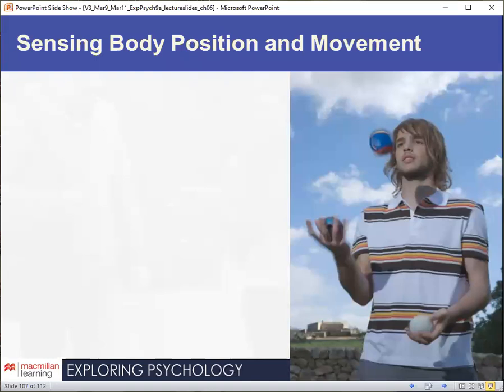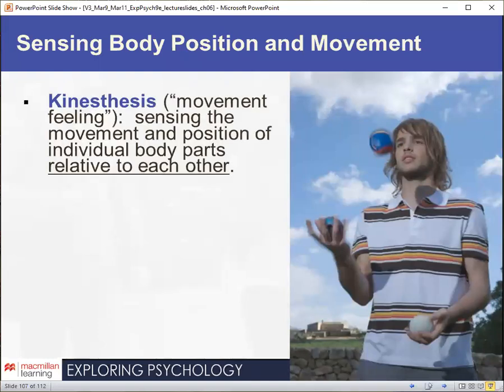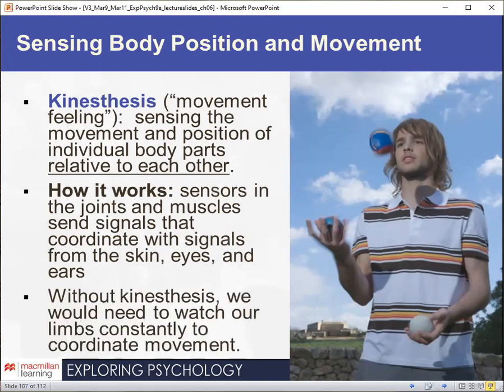Then we have sensing body position and movement. Kinesthesis is movement feeling, sensing the movement and position of the individual body parts relative to each other. How it works: there are sensors in the joints and muscles, and they send signals that coordinate with signals from the skin, eyes, and ears. Without kinesthesis, we would need to watch our limbs constantly to coordinate movement.